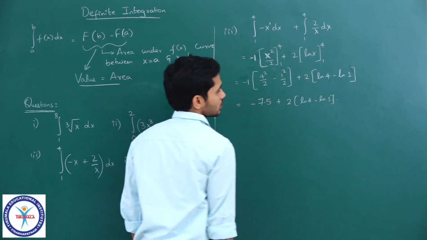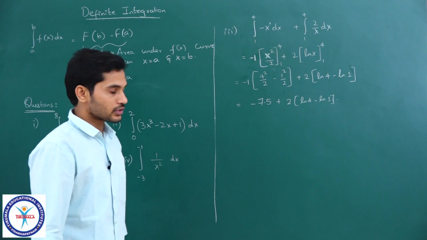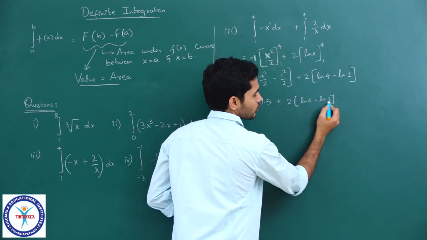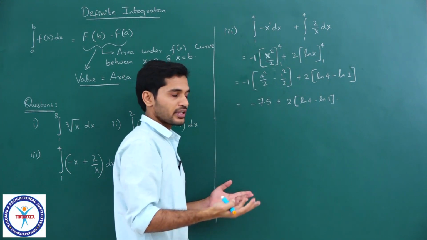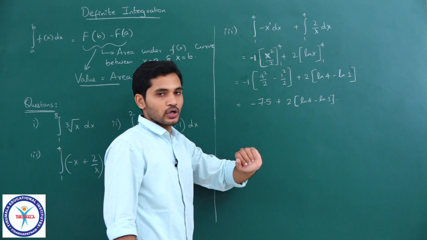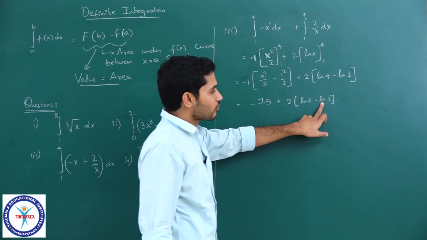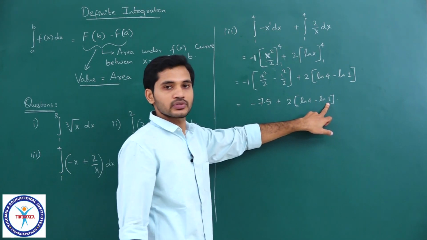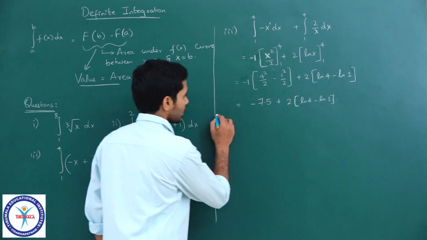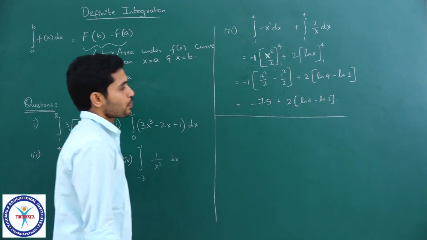Clear, students? For now maybe you do not know that the value of ln 1 is 0, so you can just leave it like this. Once you learn logarithms, you will understand that the value of ln 1 is equal to 0. So, we do not have to further simplify it. That should be the answer.